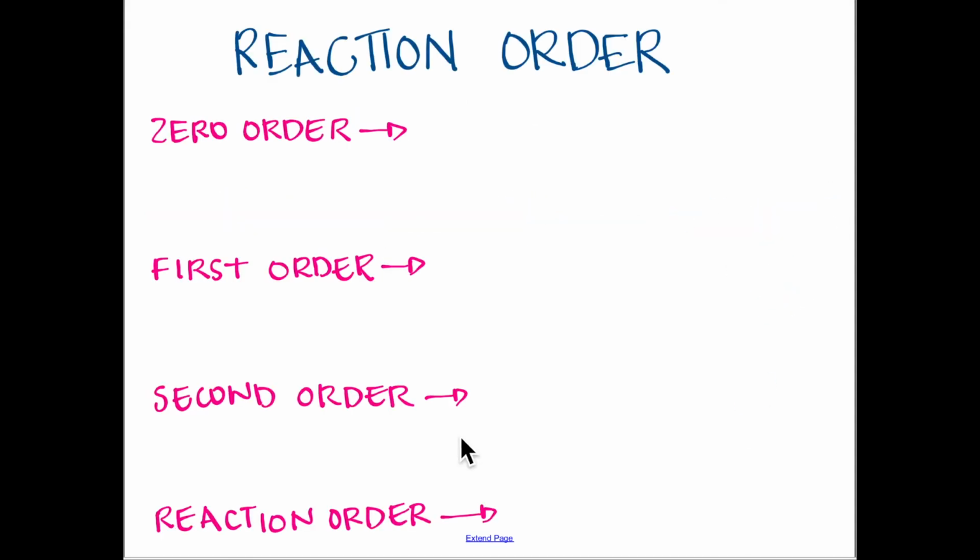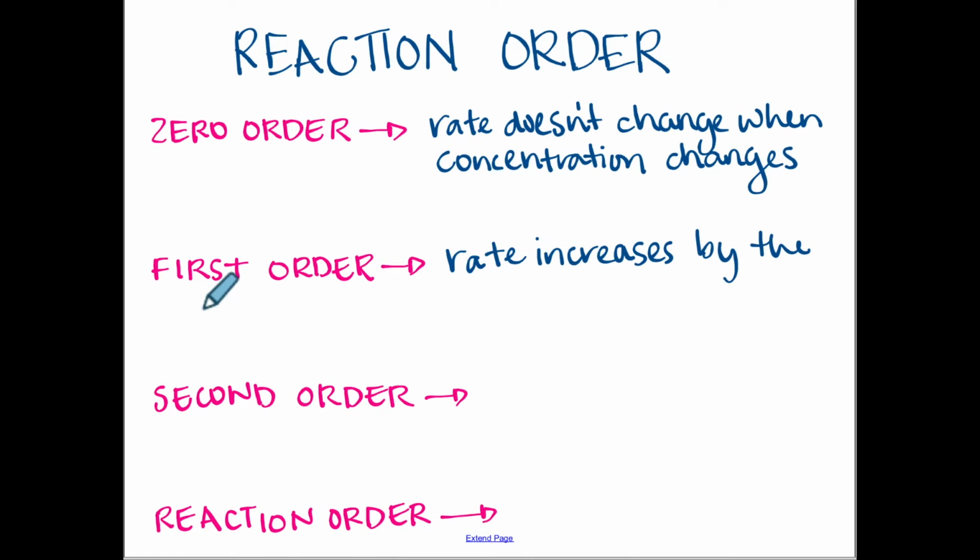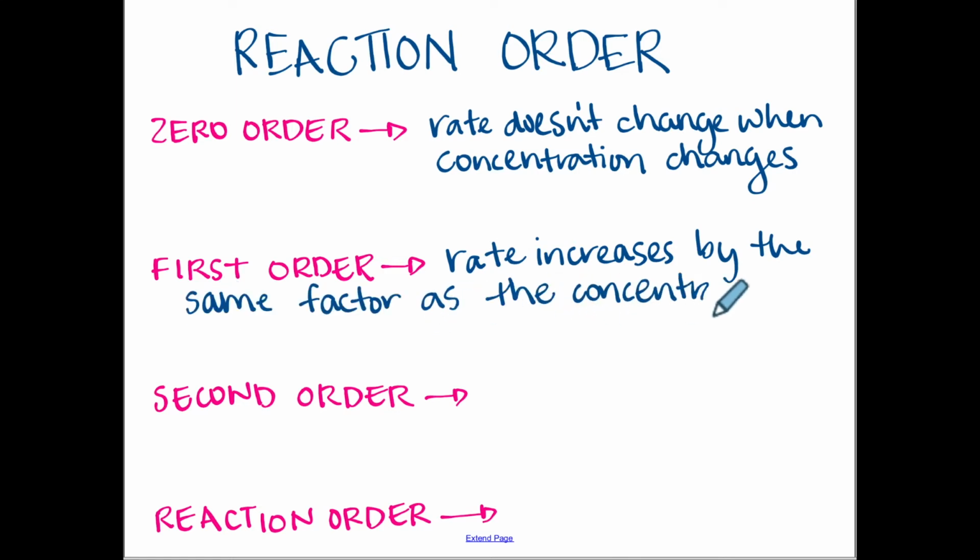To calculate a reaction order, you would need to be looking at a set of reaction data, but we're just going to talk about what the different kinds of orders mean. If a reactant is a zero-order reactant, the rate does not change when the concentration changes. For a first-order reactant, the rate increases by the same factor as the concentration increases.